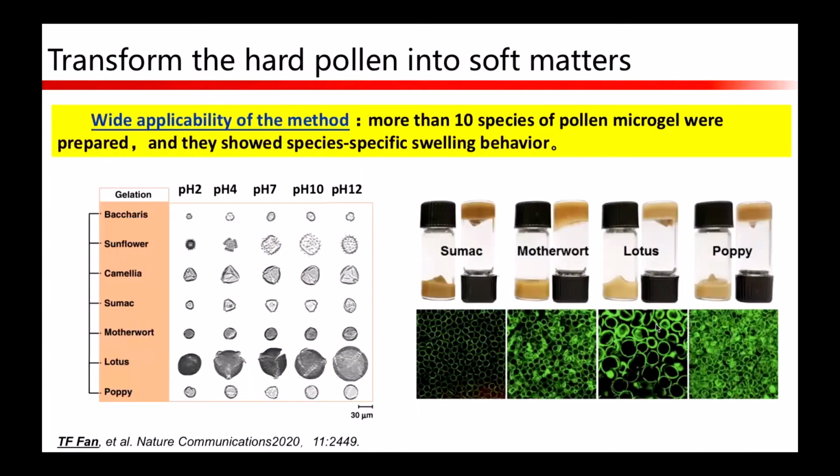To test the applicability of this method, more than 10 species of pollen microgel were prepared, and they showed species-specific swelling behavior. We show some examples here: we prepared sumac, mugwort, lotus, and poppy pollen microgels.